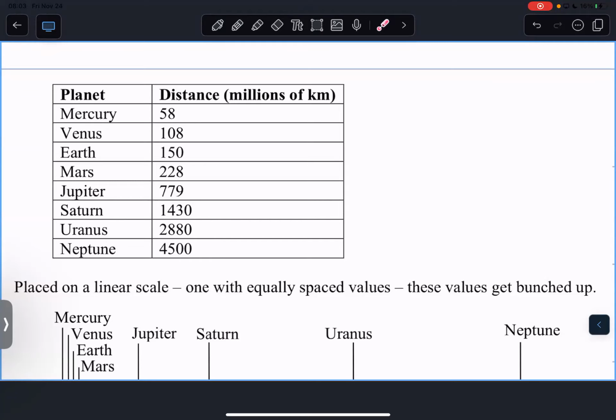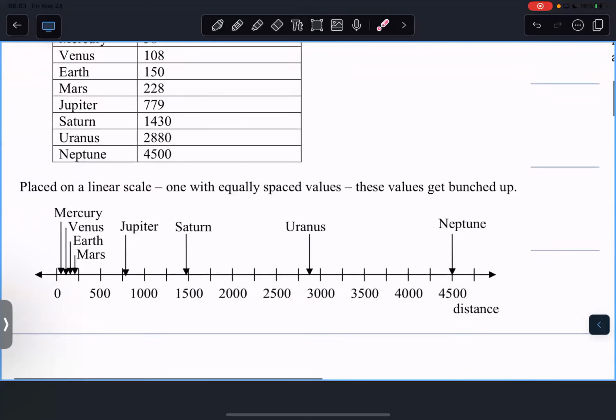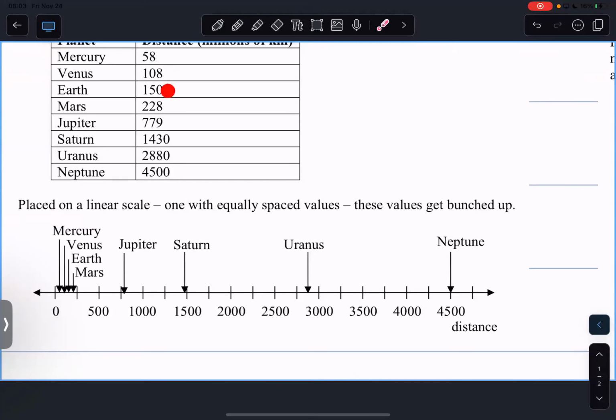Okay? And so if we place these values on a linear scale, everything gets bunched up at the top here, right? So 58, 108, 150, 228, and then Jupiter, Saturn, and then it gets more spread out, right? And the scale down here is affected by Neptune being so far out, right? And so what we do is we can take the log.